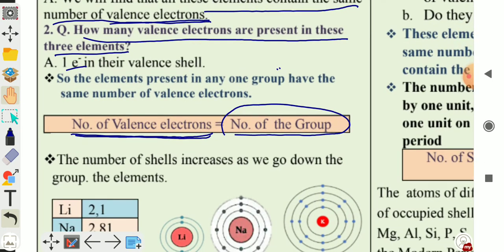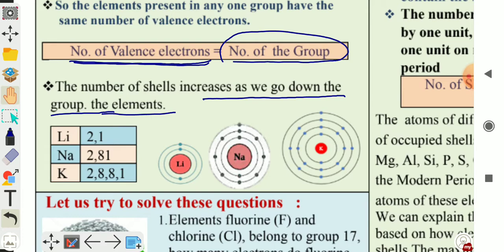The number of shells increases as we go down a group, for the elements lithium, sodium and potassium. If we see the electronic configuration of these 3 elements, the number of shells increases as we move down in a group.